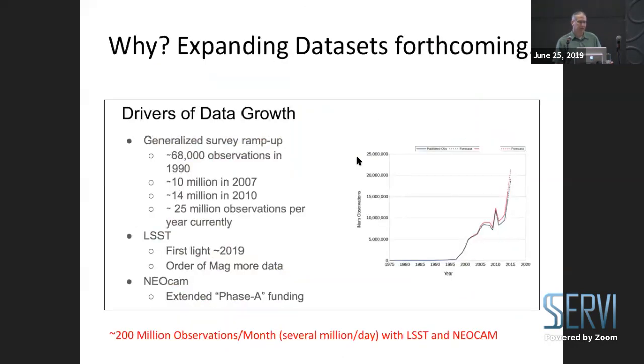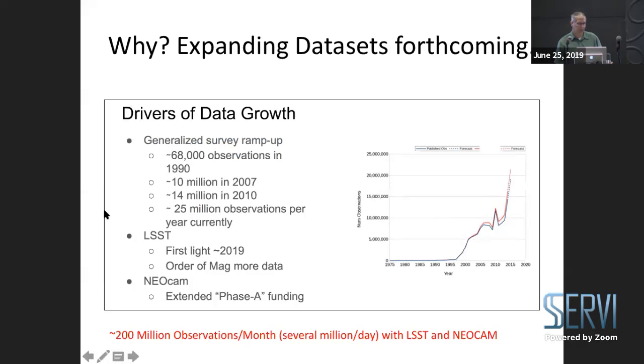So why all of this concentration on new processes? Well, a new processing pipeline and other features, and that's basically the ever-growing volume of data. So in the early 90s, the MPC received annually about 70,000 observations.